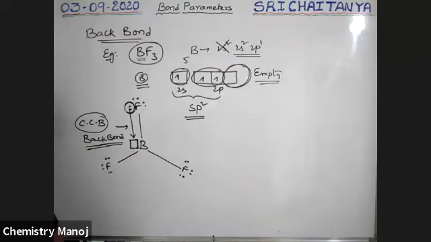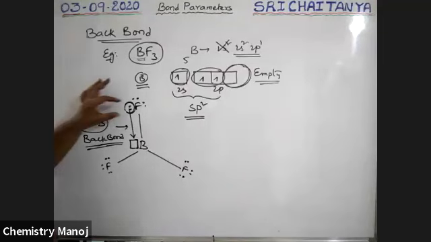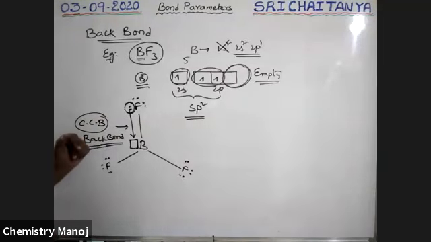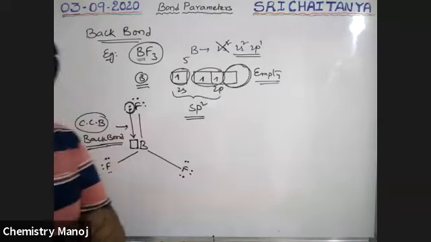That means a bond is formed from the attached atom to the central atom, that is, from a lone pair species to an empty orbital species. Where is it applicable?